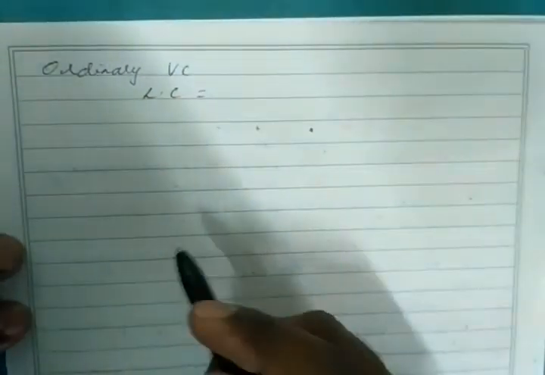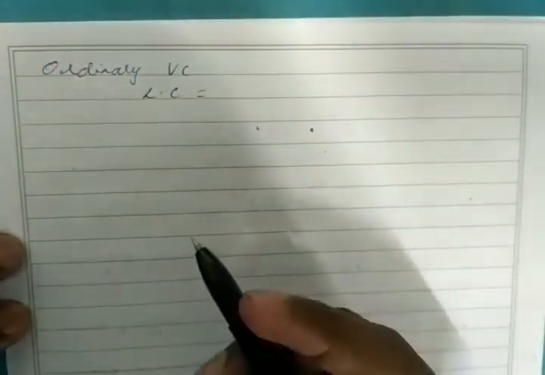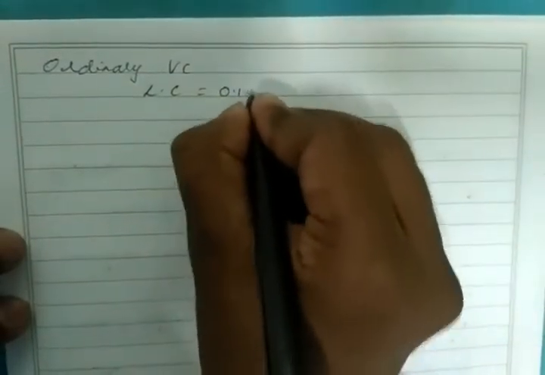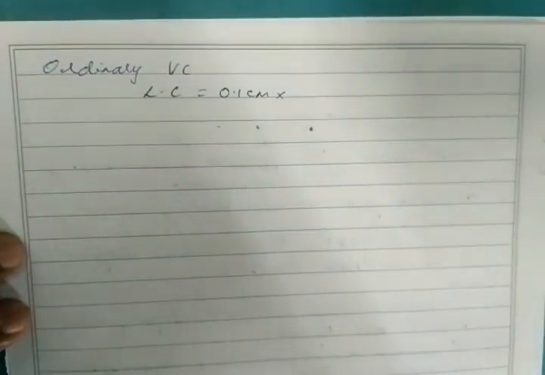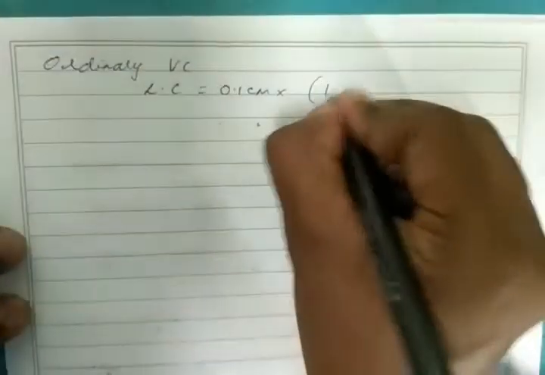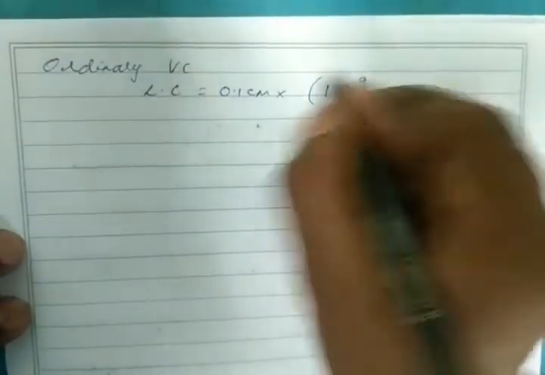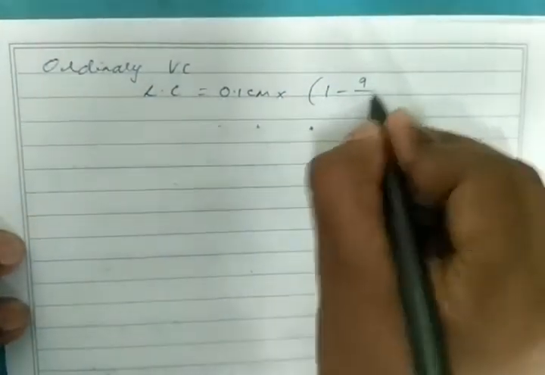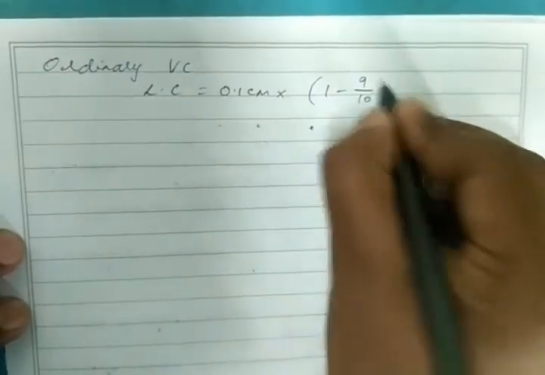Now our ordinary vernier caliper, as I said already, has 9 main scale divisions equal to 10 vernier scale divisions. So here LC will be MSD, the main scale division, times 1 minus M by N. One main scale division is equal to 0.1 centimeter, or 1 millimeter. M will be 9, the number of main scale divisions, and N will be 10.